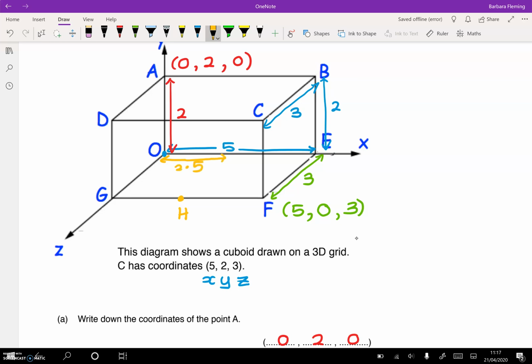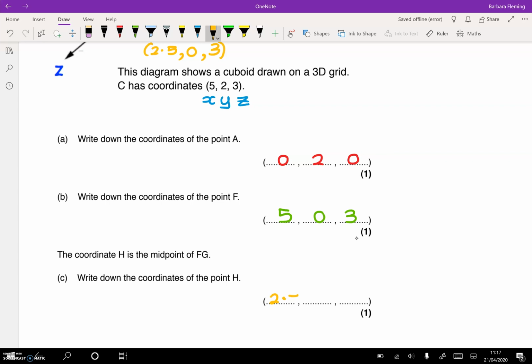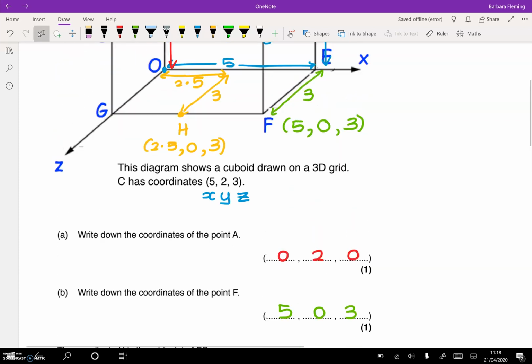So our x-coordinate is going to be 2.5. Our y-coordinate, again, we're not coming up, it's at the bottom of that cuboid, so 0 up your y-axis. And then our z-axis, we're coming 3 out again, so it's going to be 3. So 2.5, 0, 3. And that's going to be the coordinates of your point H.